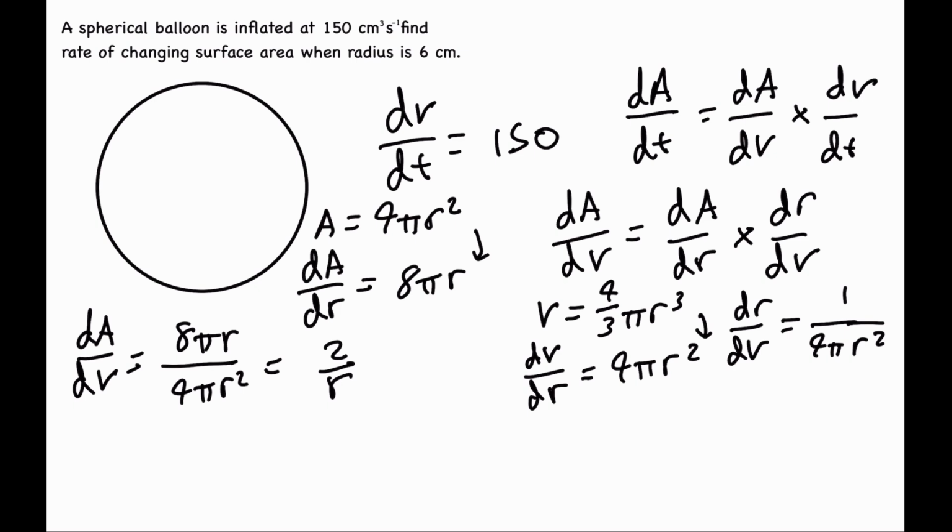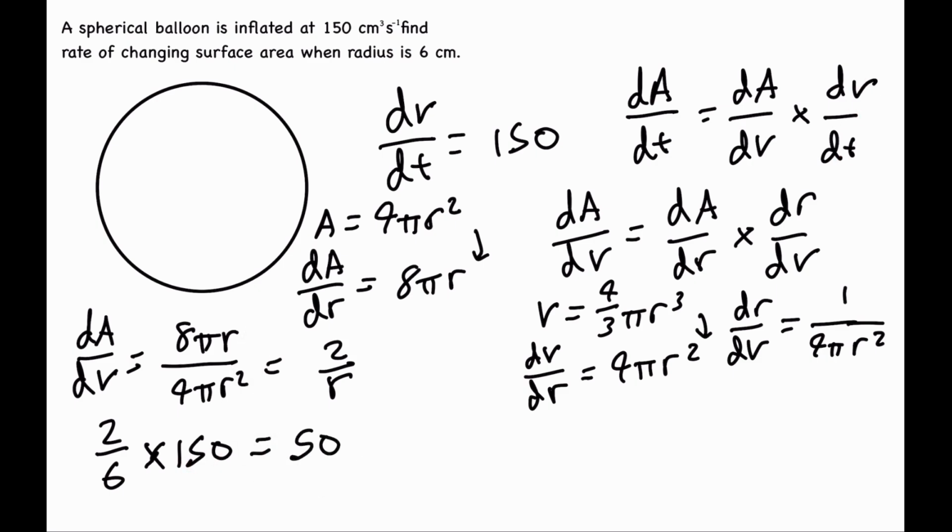Now we have our value for dA over dV and dV over dt, because they gave us dV over dt, and we now know dA over dV is 2 over r, and they are asking for when the radius is 6 centimeters. So if we substitute r as 6, we do 2 over 6, which is dA over dV, multiplied by 150, which is dV over dt, and we would get 50.